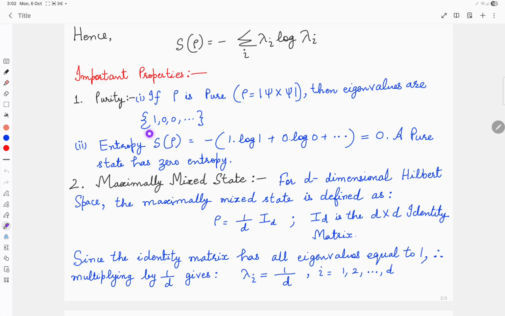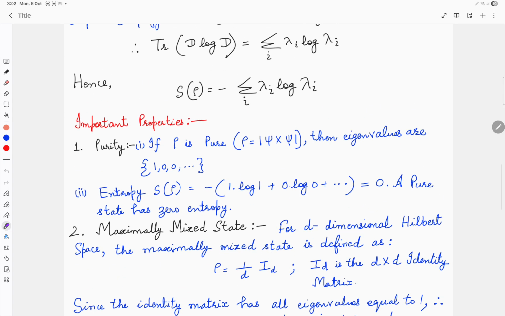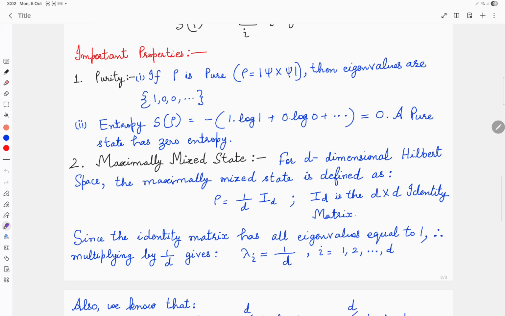Then eigenvalues are 1, 0, 0, 0. If you substitute this set of eigenvalues into the von Neumann entropy formula, which is eigenvalues into log of eigenvalues, you will find that the von Neumann entropy is equal to 0 for a pure state. So therefore we can say that a pure state has 0 entropy.